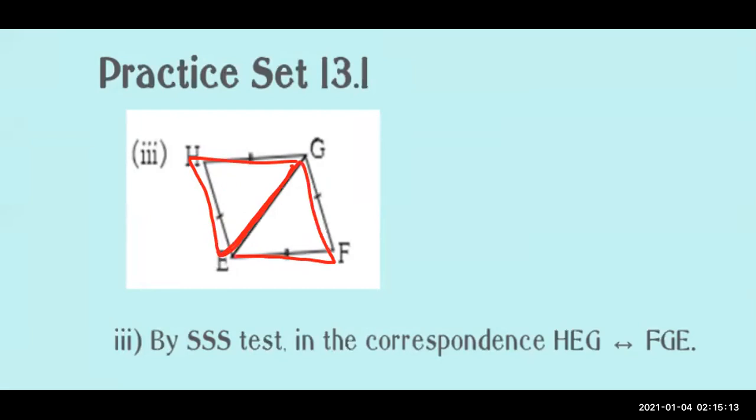Now which test is given? See, side, side. In this also, side, side. By looking at the identical marks, you have to see the identical marks. There you will find there are all sides only, no marking of angle. So which type of test is it? It is the side side side test.